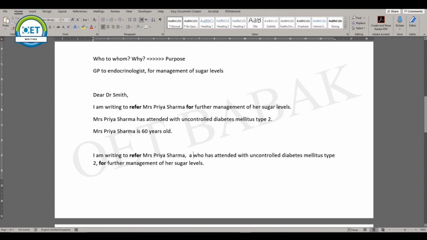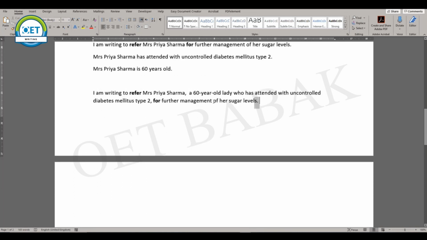Okay, a 60-year-old lady who has attended with uncontrolled diabetes type 2 for further management of her sugar levels. Okay, so basically what we have said here is a very general idea of a 60-year-old patient, a lady with uncontrolled diabetes, and I'm referring for sugar levels. Okay? Yes. So that is basically the easiest way or the most efficient way.